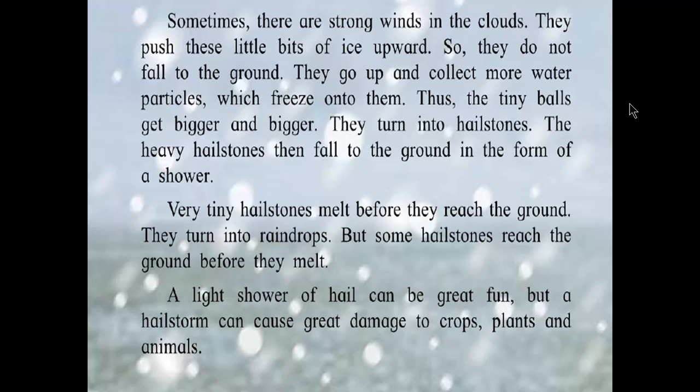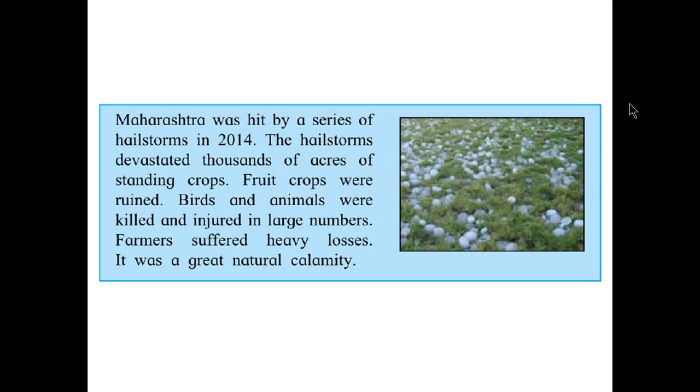But when these big balls of ice, which are very huge in size, fall from a great height, they cause damage. They damage the crops, the plants, and the animals. See, children, in Maharashtra, we had a hailstorm in the year 2014.